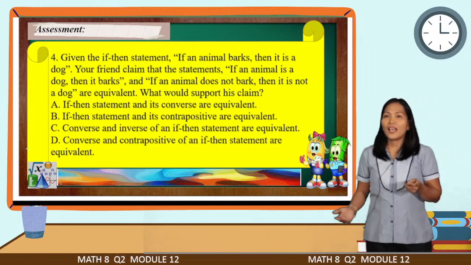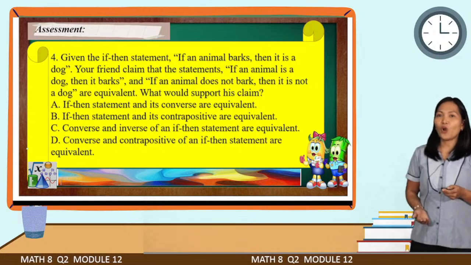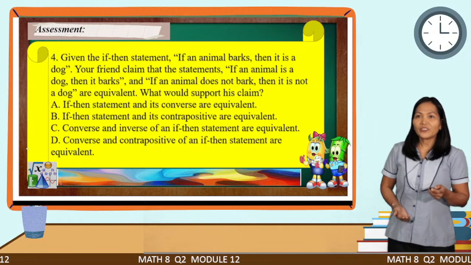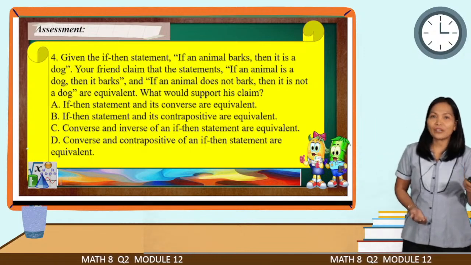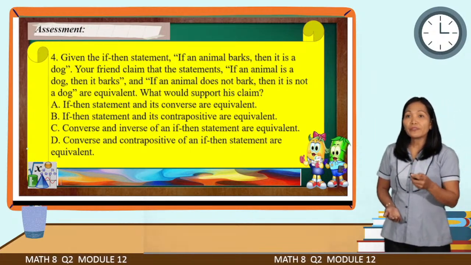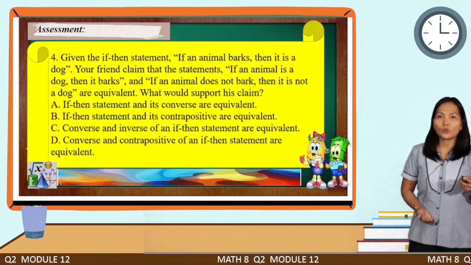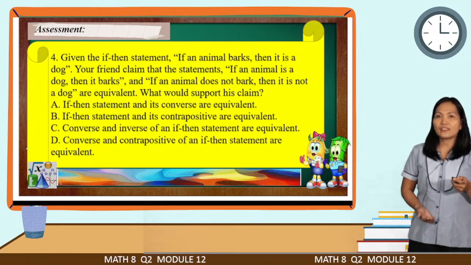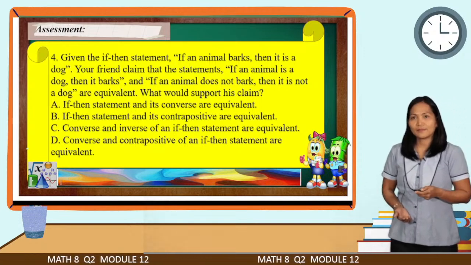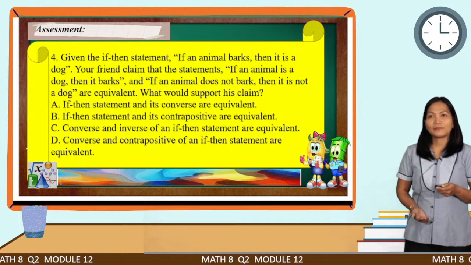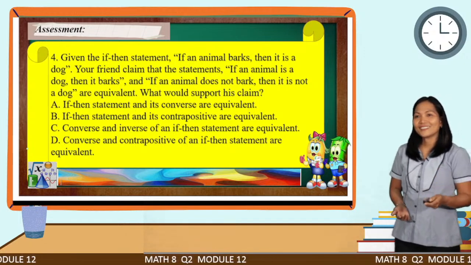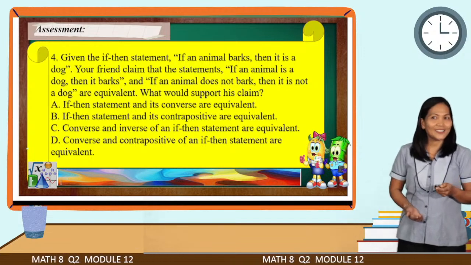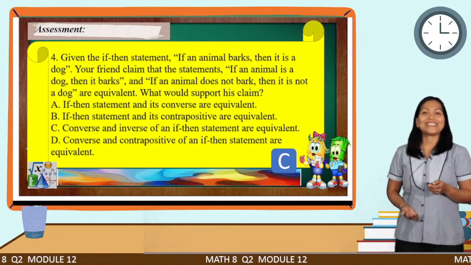B. Converse and inverse of an if-then statement are equivalent. Or letter B. If the statement and its contrapositive are equivalent. Letter C. Converse and inverse of an if-then statement are equivalent. And letter D. Converse and contrapositive of an if-then statement are equivalent. Okay, it's letter C. Okay, very good.